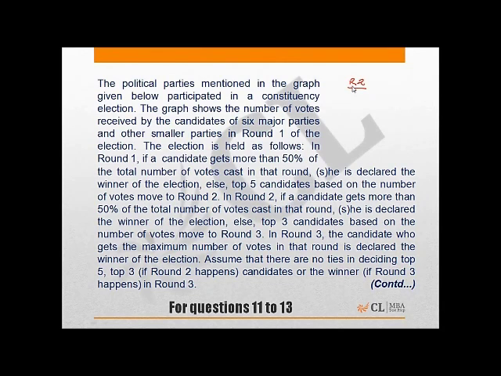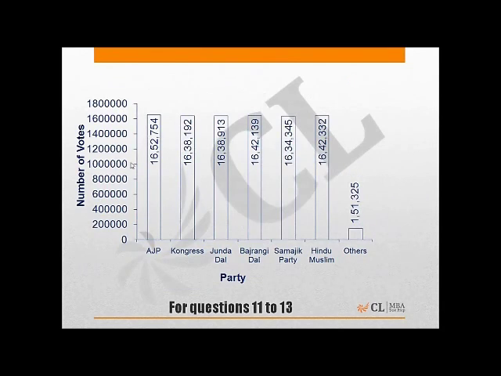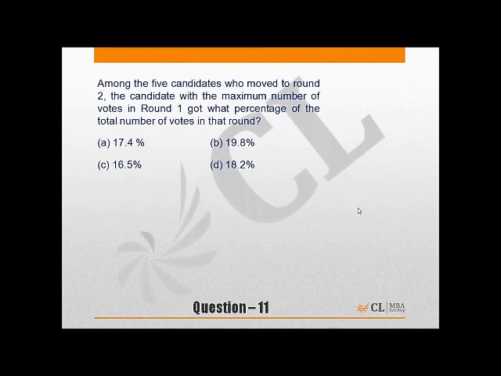Okay. So when I look at this data, the numbers are a little difficult, but all of them are around about 16 lakh or so. Okay, so not rounded off numbers. Numbers are close to each other. It talks about different political parties and number of votes. So it is quite possible there will be some ratios to be found and it can be calculation intensive. Quickly run through the questions. The choices are not close.